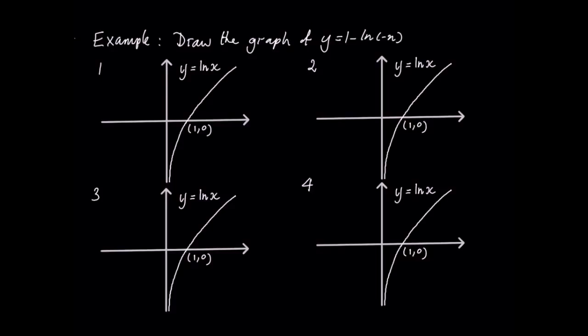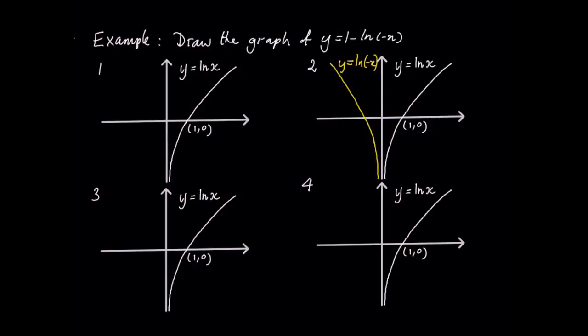We're going to draw the graph of y equals 1 minus log of minus x. We'll start on the second diagram, and we'll sketch on log of minus x. Log of minus x is going to be a reflection in the y-axis, so it will look like this. y equals log of minus x.